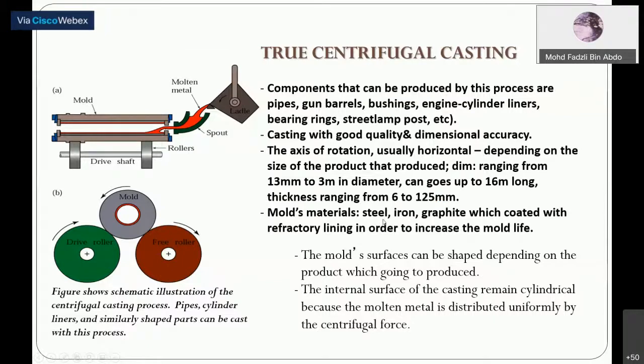Okay. Mold materials are usually steel, iron, graphite which coated with refractory lining in order to increase the mold life. The mold surface can be shaped depending on the product which goes to produce. The internal surface of the casting remains cylindrical because the molten metal is distributed uniformly by the centrifugal force.